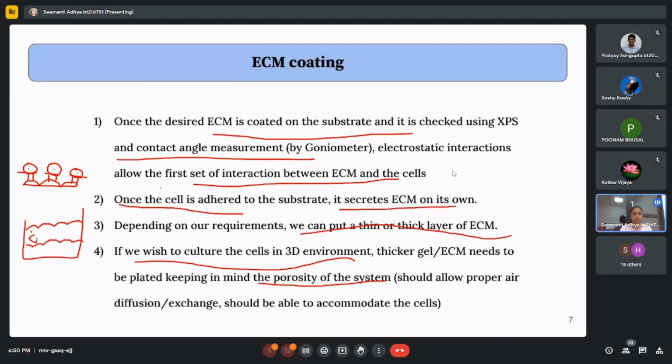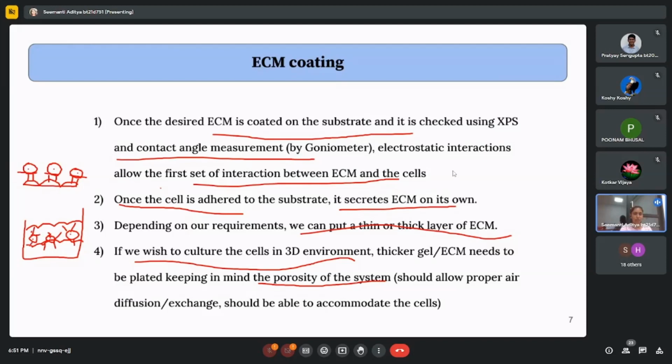The cell is in the middle and can interact with the ECM in all different directions. So we have to design the ECM in such a manner that it is not too congested and has space for the cells to be accommodated inside it.